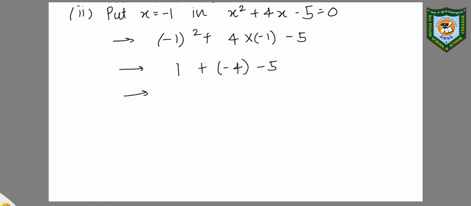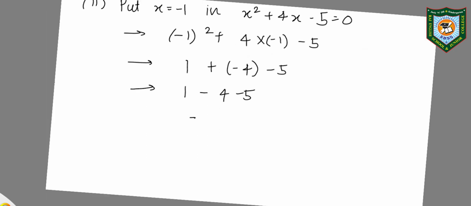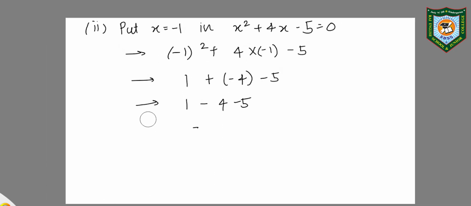So this implies plus minus becomes minus. This is 1 minus 4 minus 5. This becomes equals to minus 8. So as you can see, now the solution is not 0. So x is equals to minus 1 is not a root of the given equation.